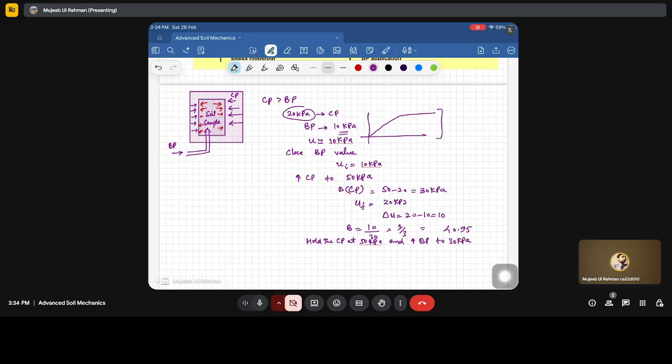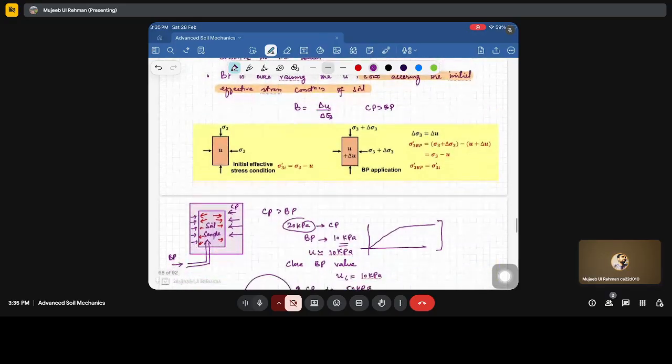Now this 30 kPa will get applied to the soil sample, and again some water will go into the soil and it will become constant after some time, and after this 30 kPa gets equilibrated, the pore water pressure transducer will measure 30 kPa. Fine. So we have to loop this procedure, and once we achieve a B value of 0.95, we will stop. We will say our sample is saturated. Fine. So this is the way we do it in the labs.